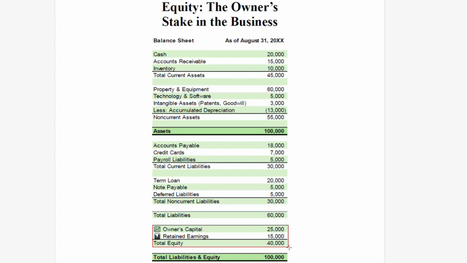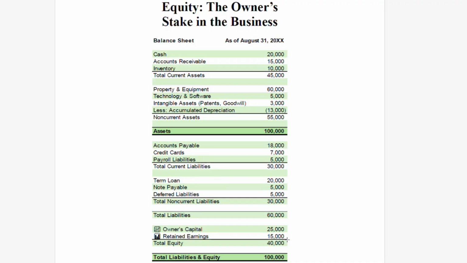The first one, and the one that happens literally every month, whether you like it or not, is net income or net loss. If it's net income, your equity goes up, and if it's a net loss, your equity goes down. And that is going to be coming out right here in your retained earnings. Retained earnings is where that lives.